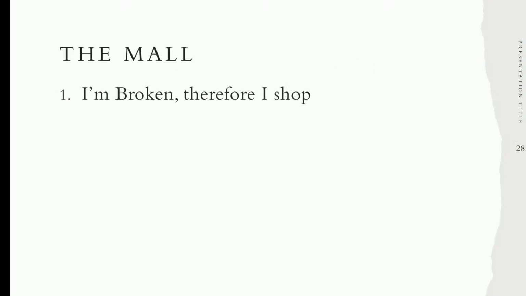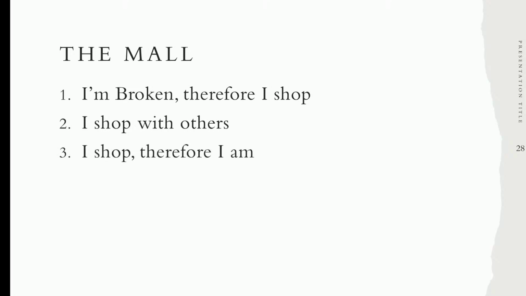I'm broken, therefore I shop. So that's an I statement. What is the mall teaching me? What James K. Smith is saying is that the mall teaches us: I'm broken, therefore I shop. I shop with others, this idea of communal shopping, and this is something we learned from Wonka, right?